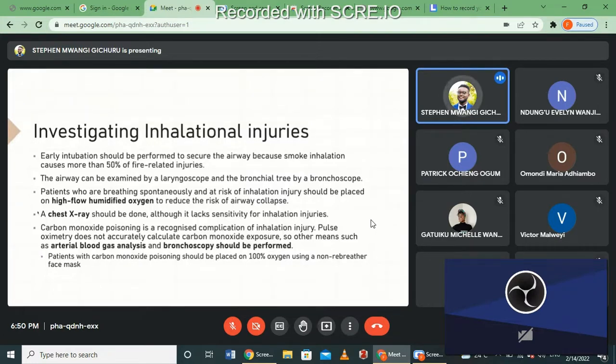If that is not available, or if it is available and you want more, you can do a bronchoscopy, and you can do an arterial blood gas to calculate the carbon monoxide exposure. If someone has been poisoned by carbon monoxide, you give 100% oxygen.